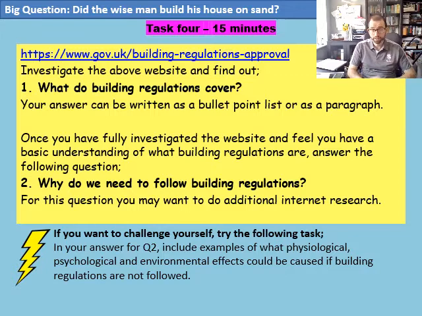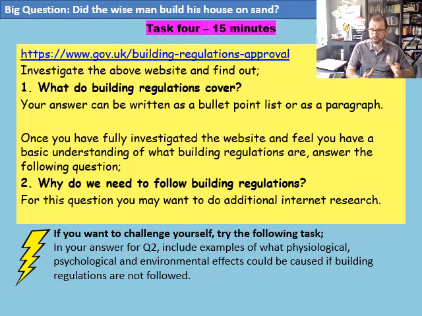So, task 4. I want you to have a look at building regulations approval on www.gov.uk/building regs approval. What do building regulations cover? And they do cover quite a lot. If you can write your answers as bullet points, or as a paragraph. Why do we need to follow building regulations?